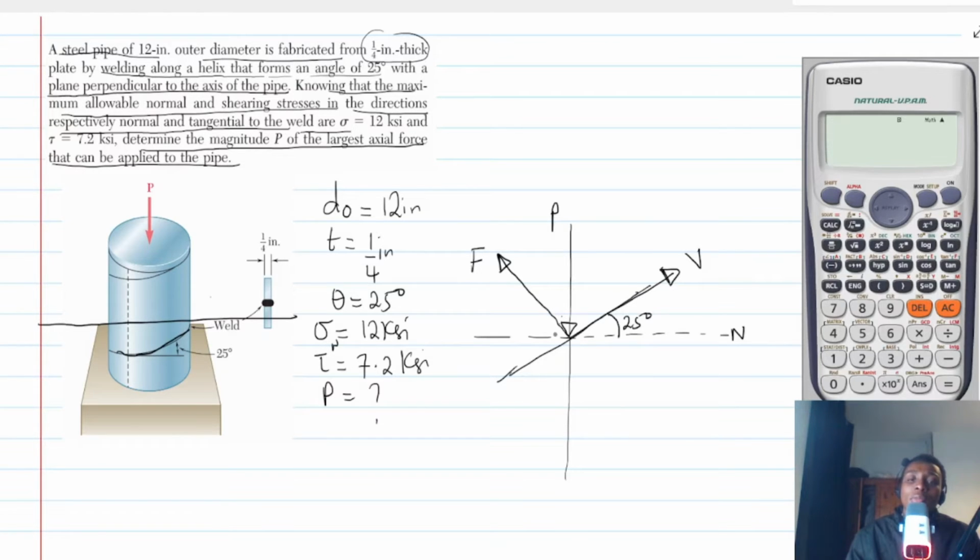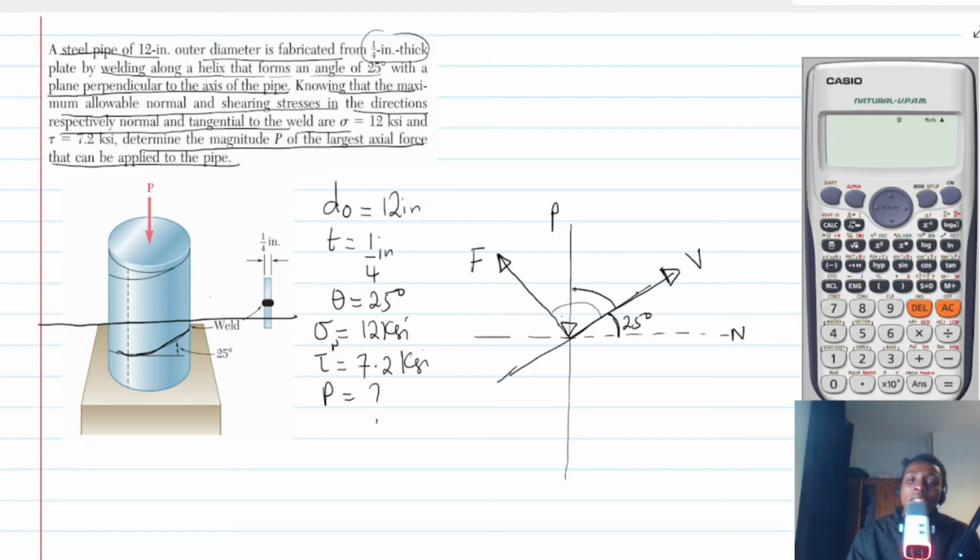Now the angle between the shear force and the normal force is always 90. All right. But we are told that this angle here is 25.